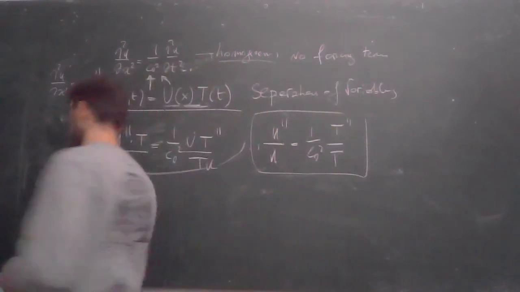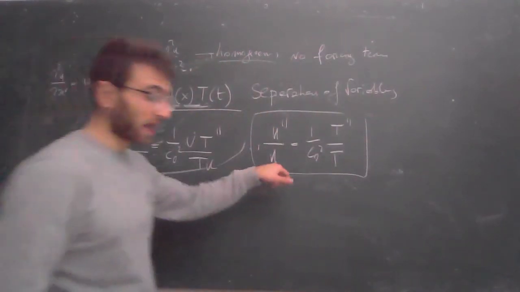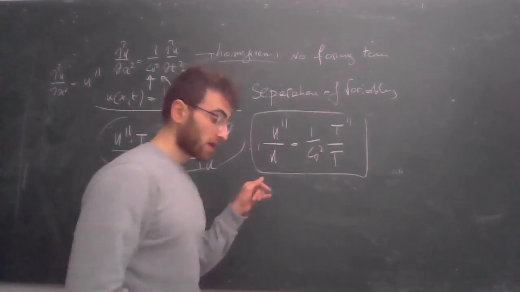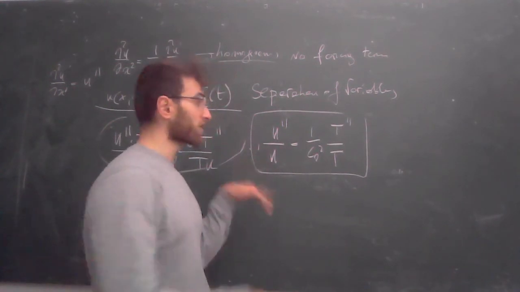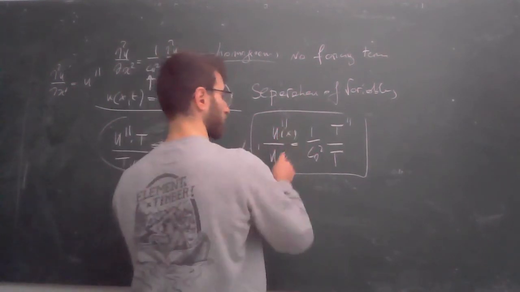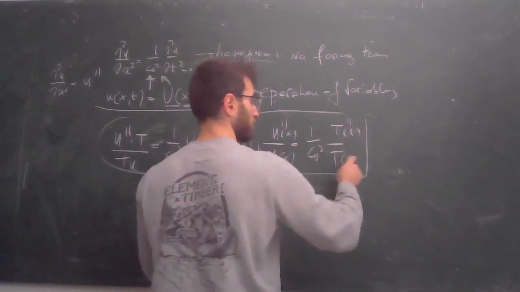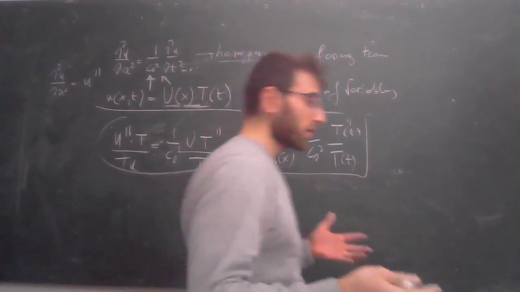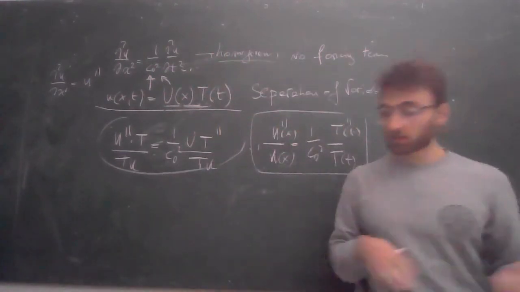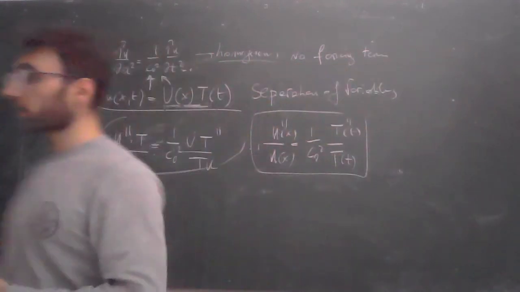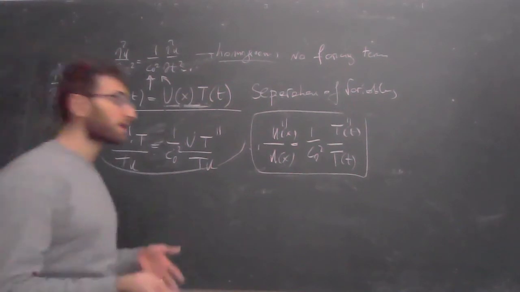What does it mean? The first term on the left side of the equation depends just on x, and the right term depends on t. So how can a term dependent on x be equal to a term which just depends on t?